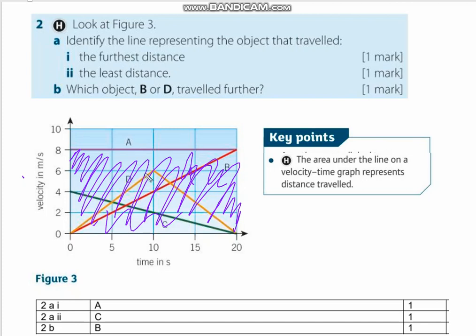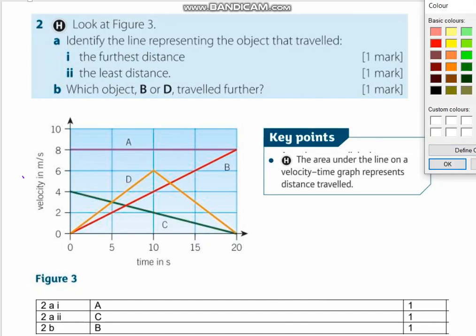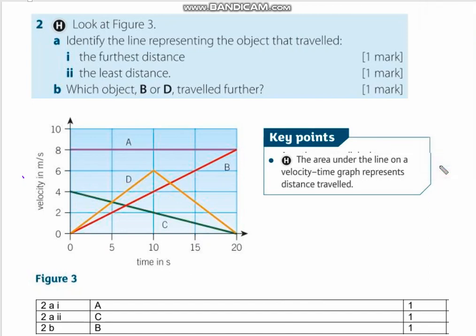So that one has the biggest area out of all of them. Then for the least distance, we need to find the line that's got the smallest area underneath it. If we look at line C, you can see that the area under this line is smaller than the area underneath any of the other lines on the graph. So that must be the one that travelled the least distance.